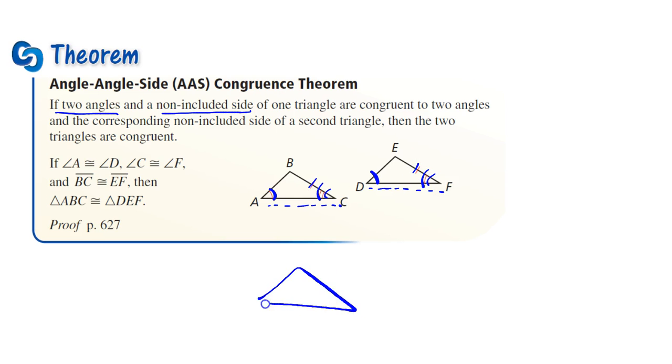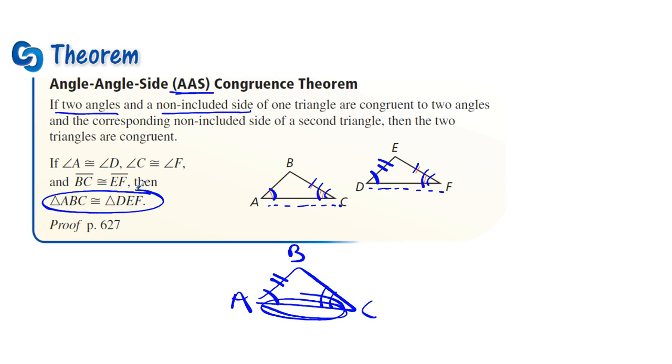It could also have been, if we had it, I'm just going to draw the same triangles, instead of being BC, it could have been AB, congruent to DE. When we're using angle-angle-side, we're not using that side that connects the two angles, the included side. So we have two more theorems here that we can use to prove triangle congruence.